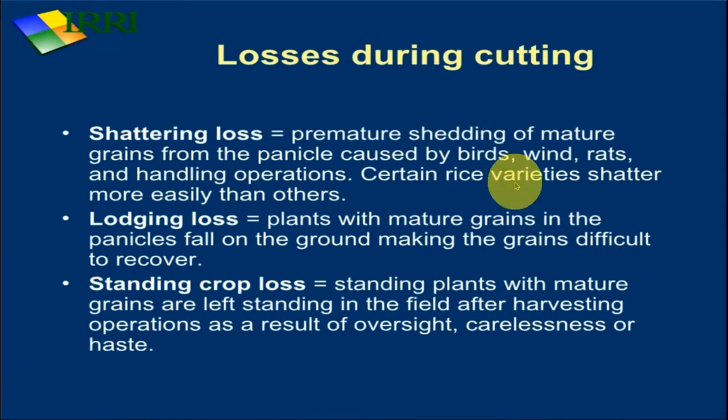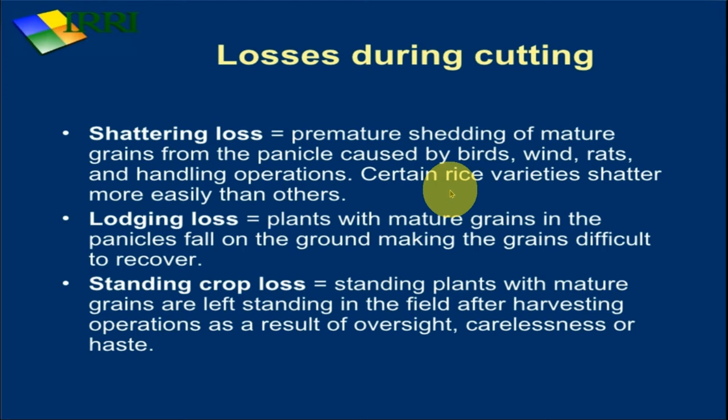Now the losses during cutting, because whether we are cutting manually or by machinery, there are some losses also. These are first shattering losses. Premature shedding of mature grain, means before harvesting the crops get matured, and the matured grains start shattering from the plant, and the crop is lost.